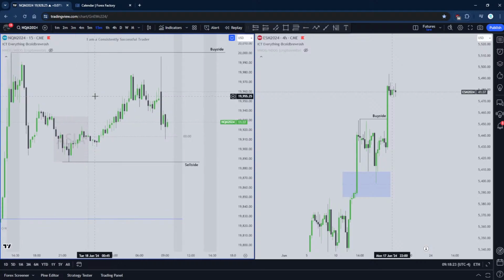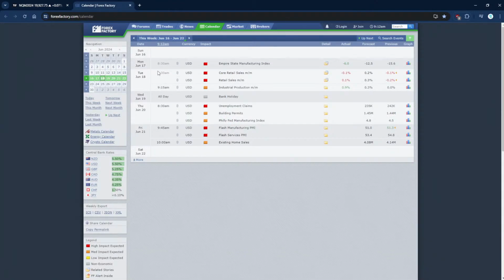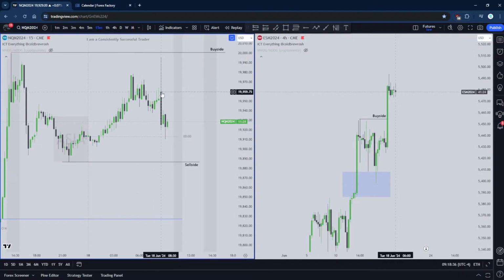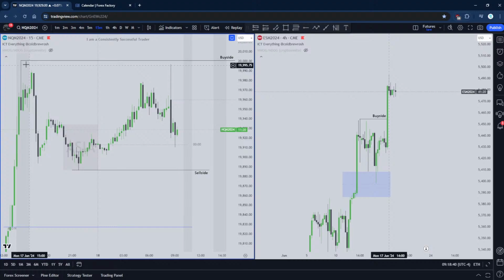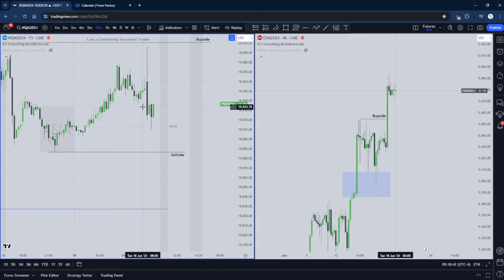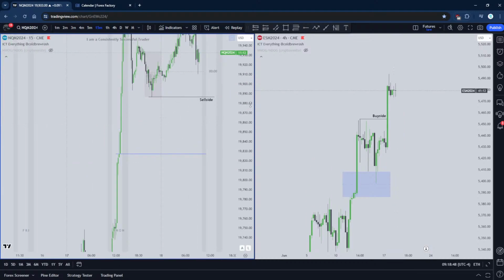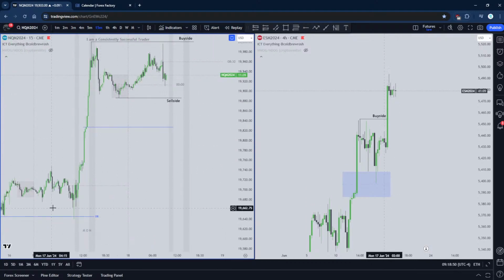Now, what do I think the profile could be? Because the news that we had was at 8:30. 8:30 ran out these highs, swept this high, but left equal highs. Now, the question is, is that the Judas for the continuation lower into sell side and the dealing range of this?